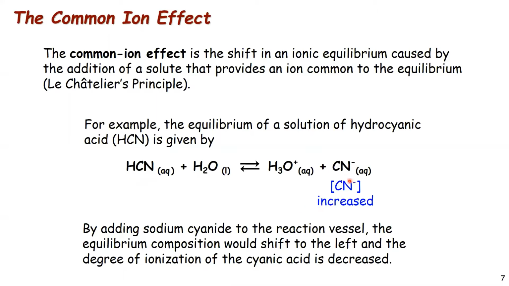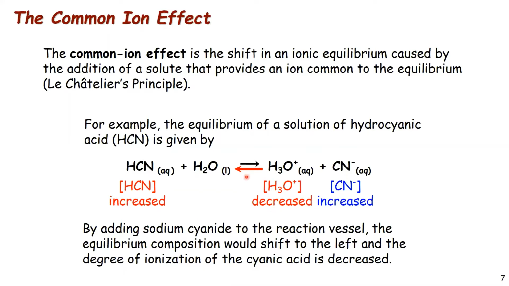So what's going to happen is that it's simply going to shift. So that extra cyanide that I threw in there, some of it is going to react with the hydronium ion to form a little more hydrocyanic acid and water until a new equilibrium is reached, in which the ratio of those products to reactants is equal again to that same equilibrium constant, okay?